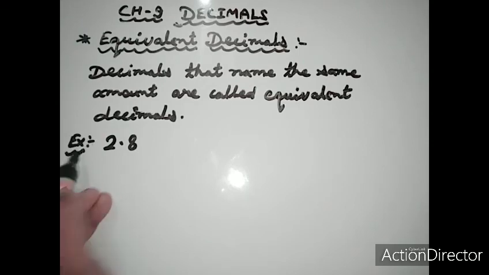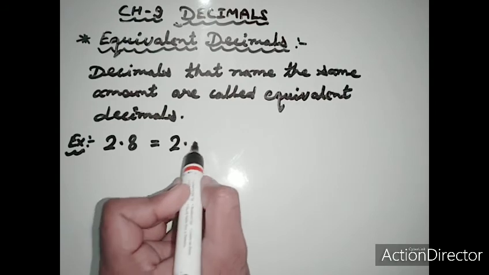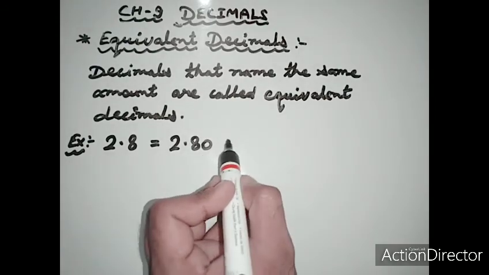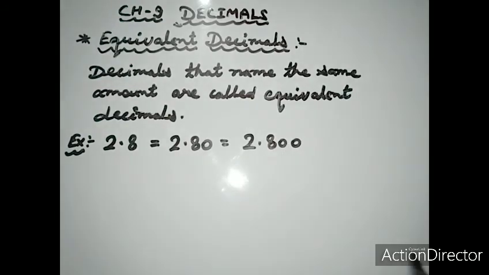So in this example, 2.8 is equal to 2.80, which is equal to 2.800. These decimals are all equal, having an equal value.